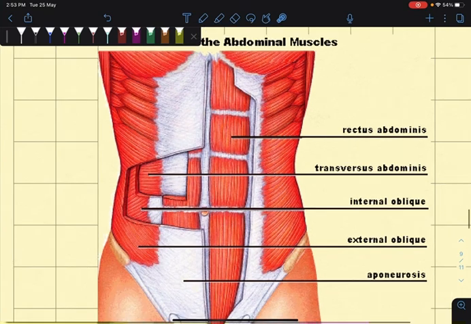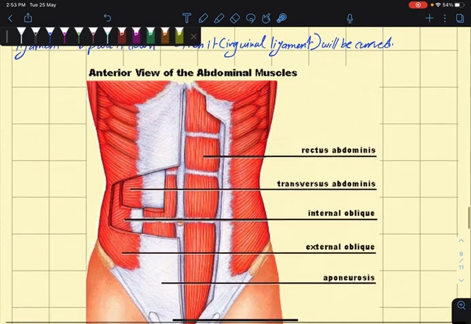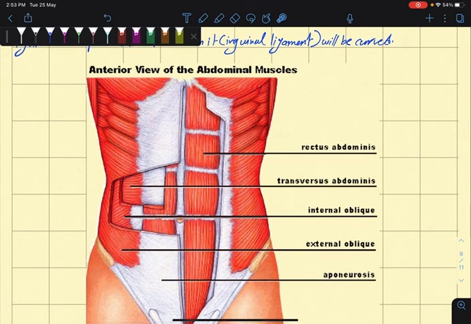So the rectus abdominis is above the aponeurosis of the transversus abdominis, above the aponeurosis of the internal oblique, and below the aponeurosis of the external oblique. I hope it's clear. This rectus is the six pack, which comes in two parts, a left part and a right part.